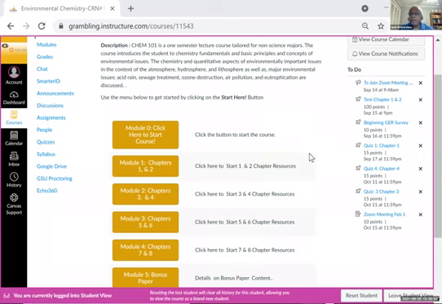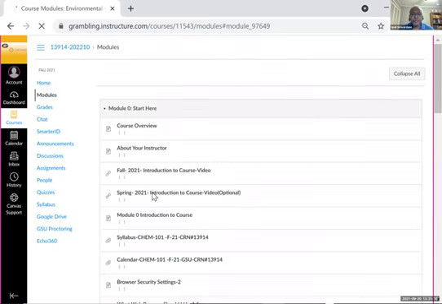Okay, so we're going to start on module 2. We finished chapters 1 and 2, module 1, and took the test last class period. So we're going to start on module 2 for test 2.